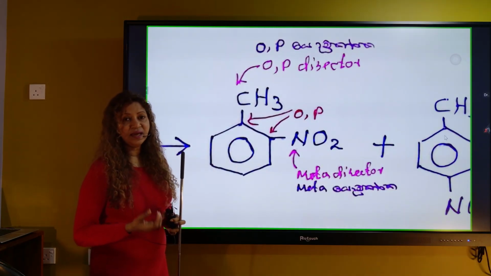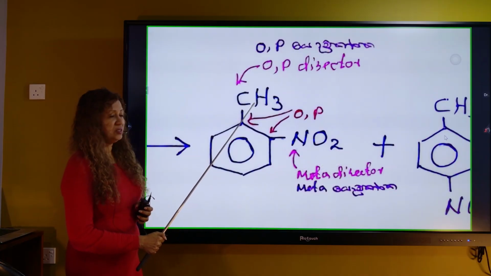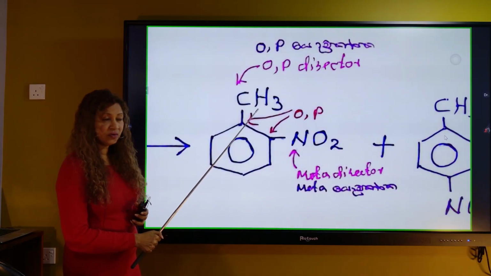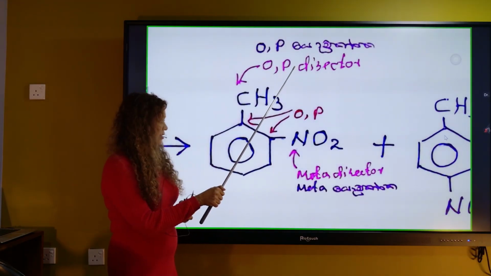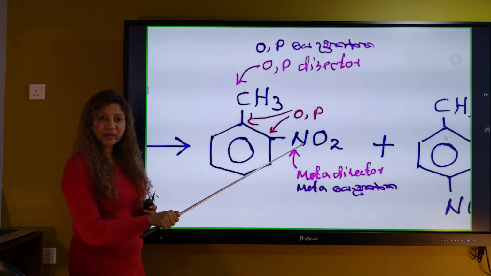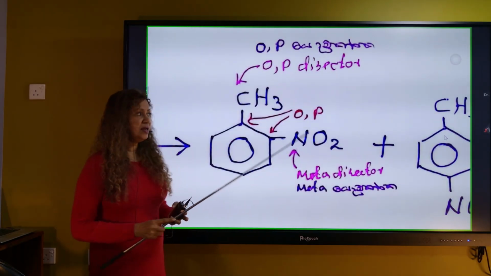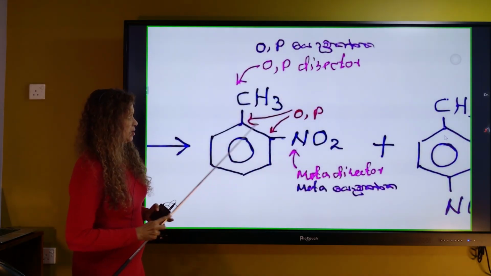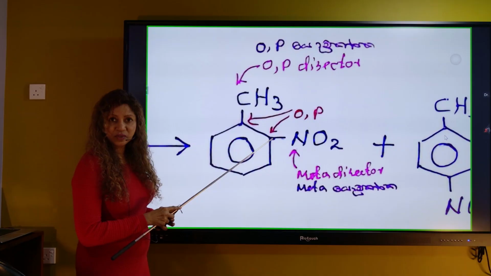To decide that, you have to go through the table and check. CH3 is just an R group. This is an R group, so this is an ortho-para director. And then the NO2 group is a meta director. But still, the connection between these two: if you count 1, 2 and 2, 2 is the ortho position.